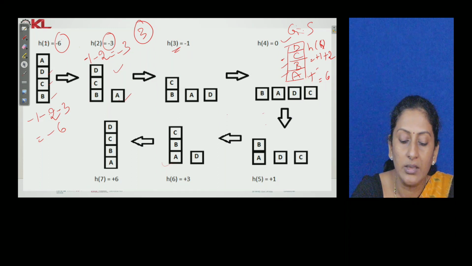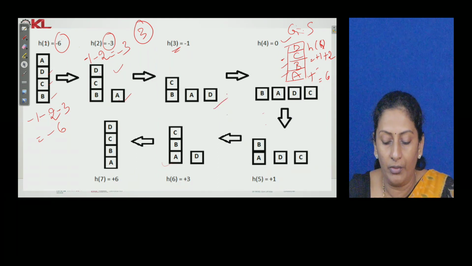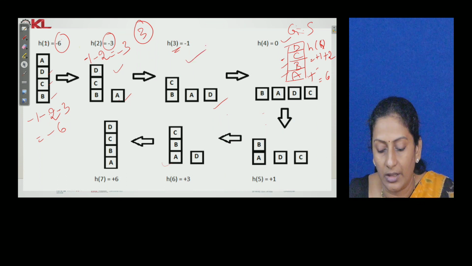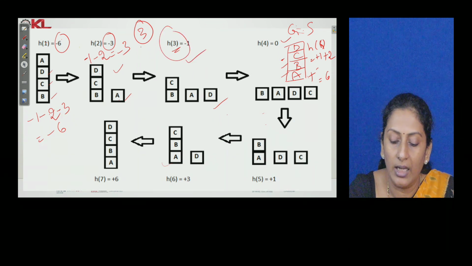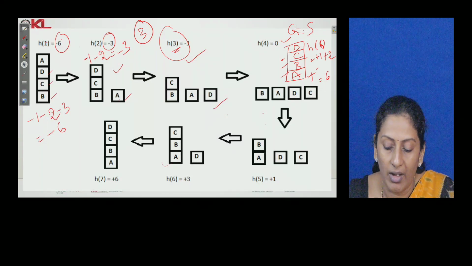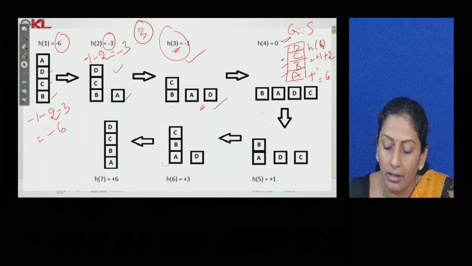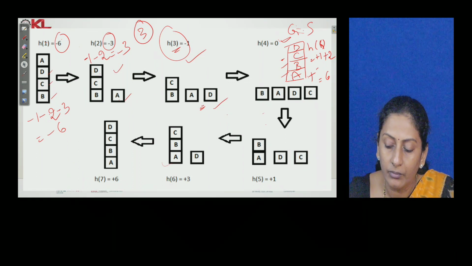What I am doing is, I am taking block D and placing it on the floor, right? So this is my third state. Again we need to calculate the heuristic value, so I compare this state with the goal state again. Under B there is nothing here, but in the goal state under B there is one block.